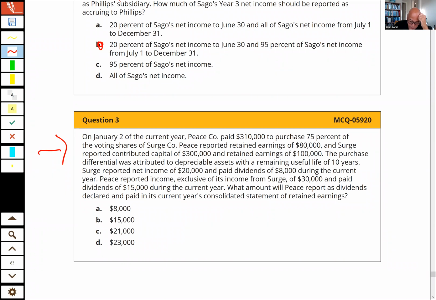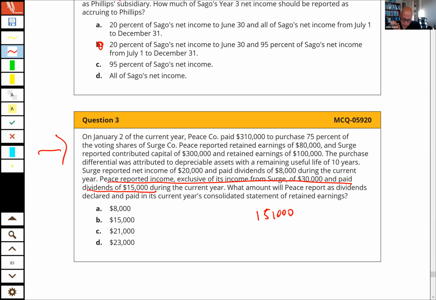And then they tell me that the dividends paid out by the parent were 15,000. So I picked up that 15,000, and in the column for the parent, in the stockholders' equity, they'll show dividends that the parent paid out of 15,000.